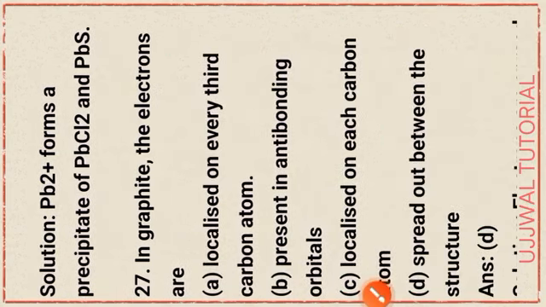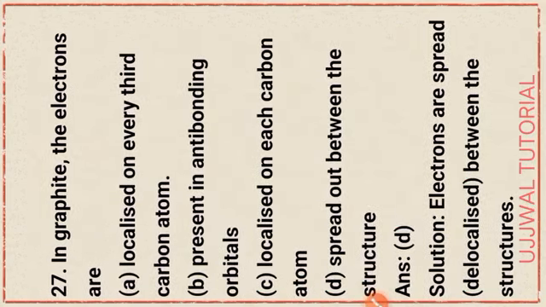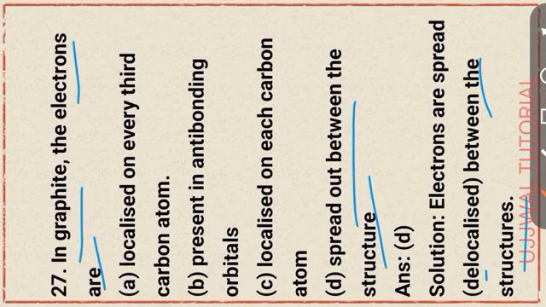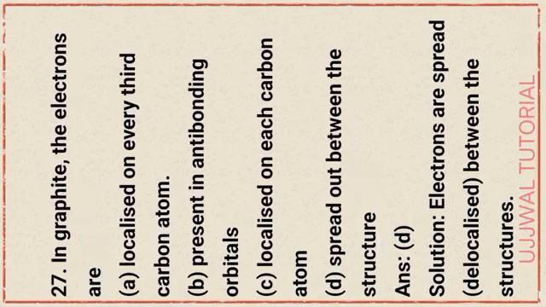Next question, question number 27. In graphite, the electrons are option D, spread out between the structure, delocalized.